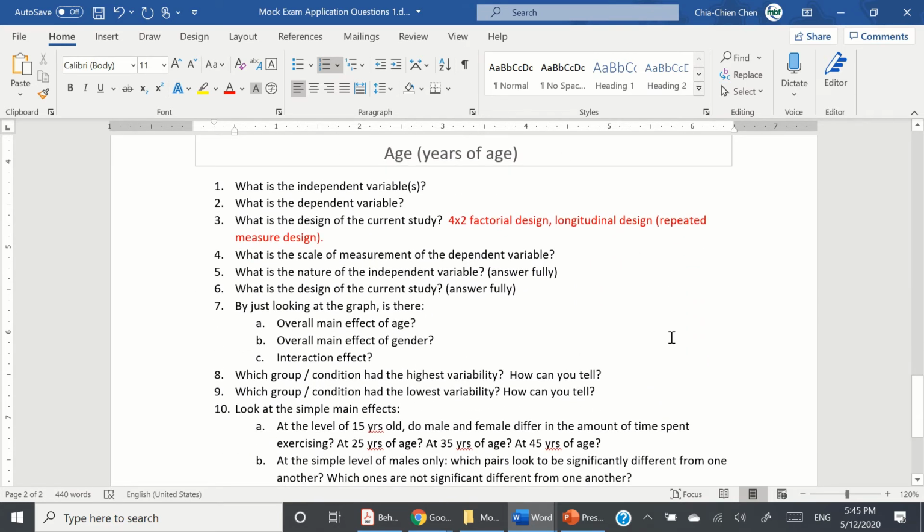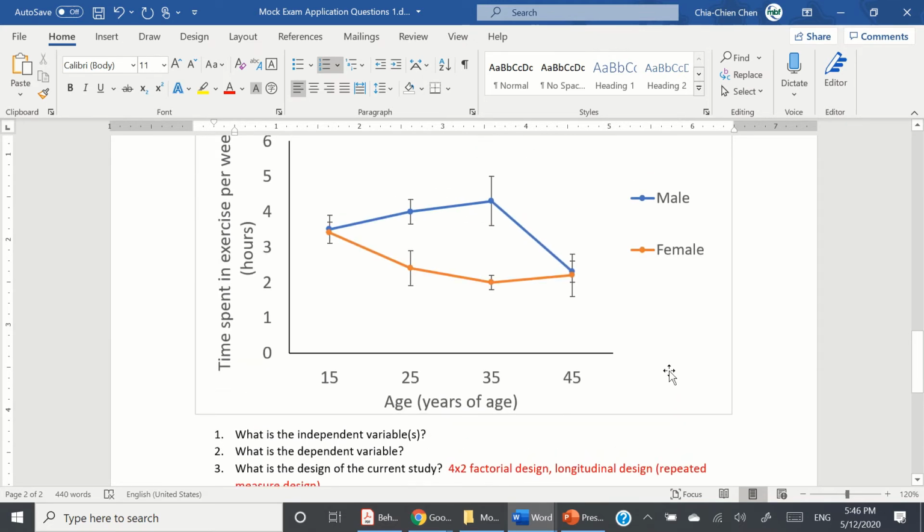Okay, number 8, which group or condition had the highest variability? And which one has the lowest variability? And how can you tell? Well, the way you can tell is really by looking at how big the error bars are. The bigger the error bars, the more variability there is. The smaller the error bars, the smaller the variability. So it looks like the smallest error bar that we see is here, female at 35 years of age.